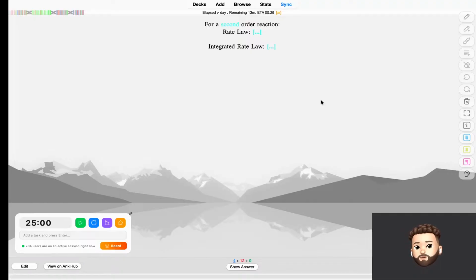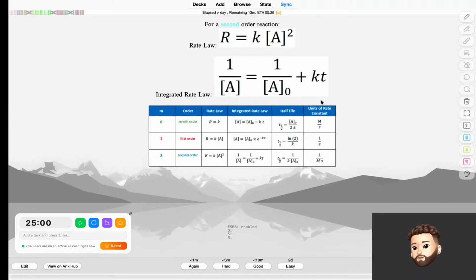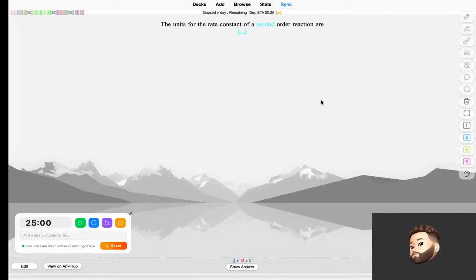One over A is going to be equal to 1 over A naught minus kt. Or damn, it's plus kt for this one. The units are probably 1 over molar second.